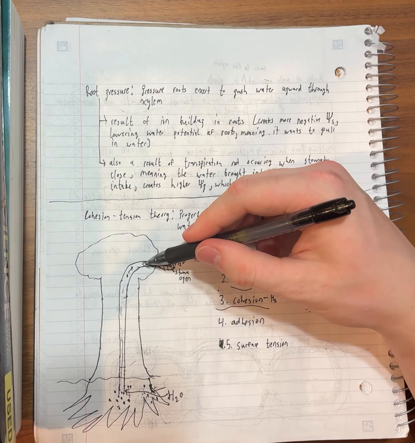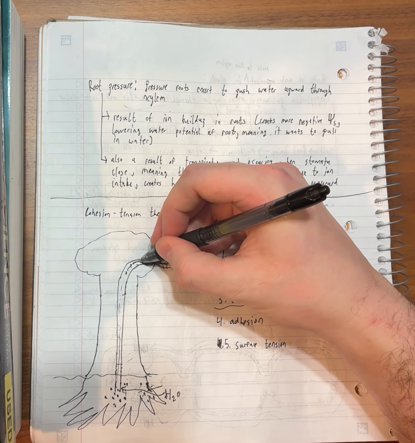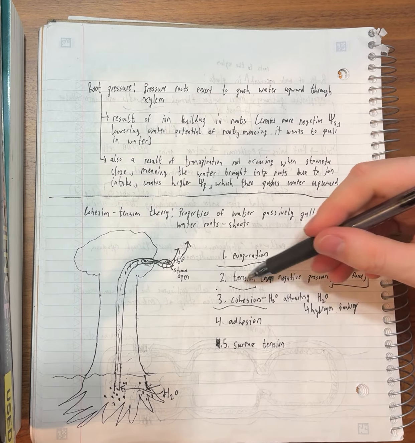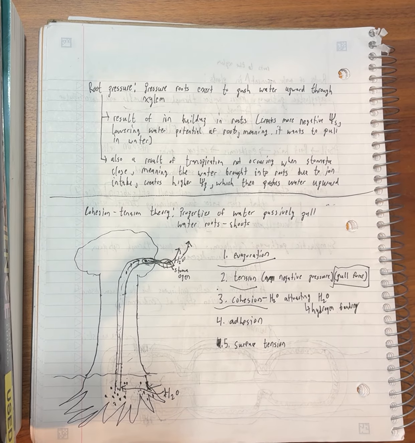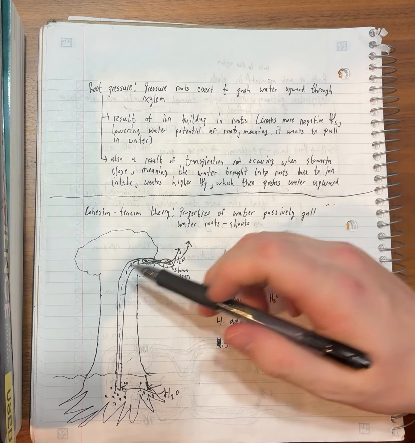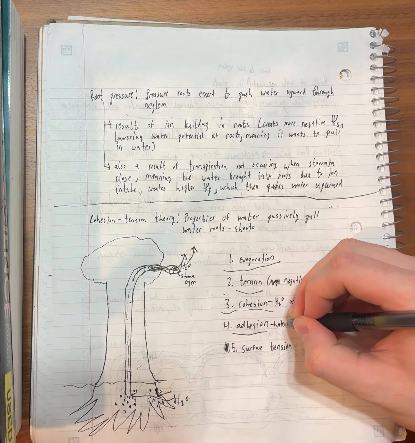So this water molecule evaporating and leaving is going to pull this water molecule up even more. So we have tension and cohesion working with us. Part of the problem, though, is we are working against gravity. And one of the things that's going to help alleviate that is adhesion, which is water sticking to surfaces.